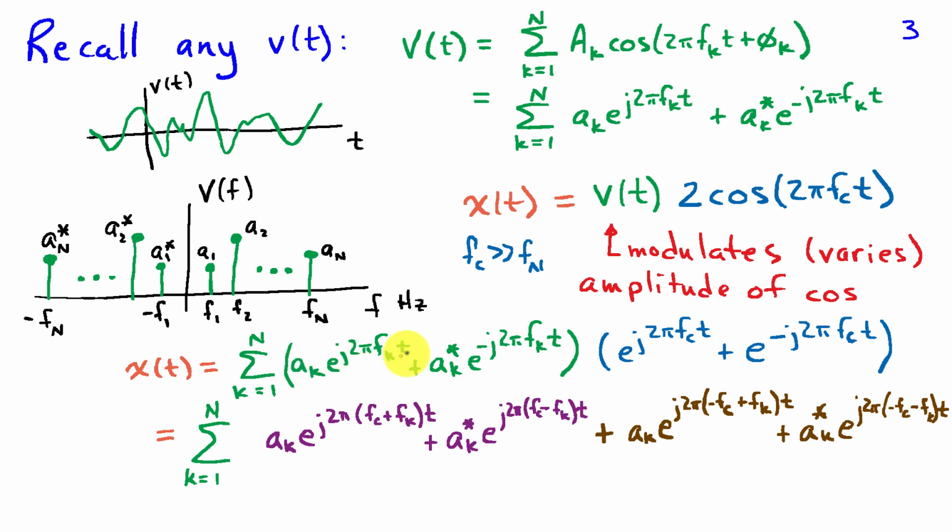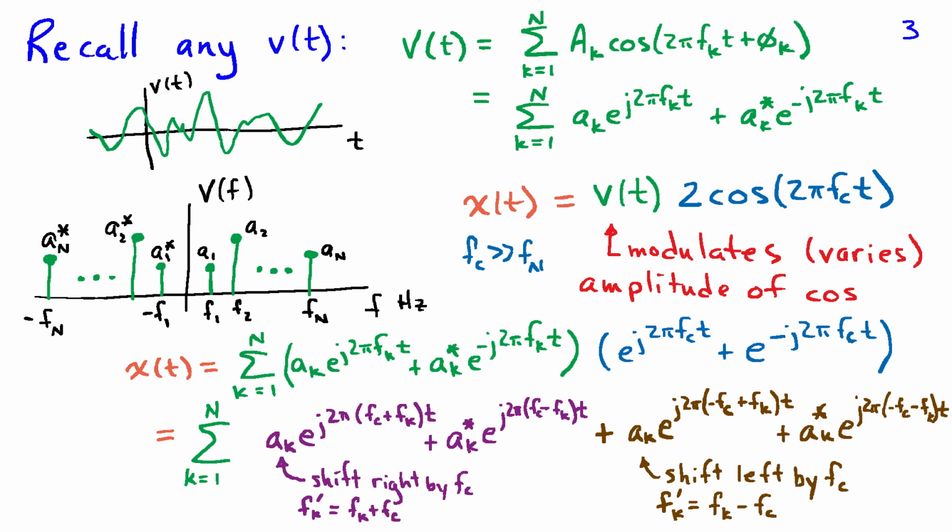So that term is this first term on the left times the last term on the right. And then finally, the last term that we'll get when we multiply things out is a_k conjugate at frequency minus f_c minus f_k. So that's the product of this rightmost term in green times the rightmost term in blue.